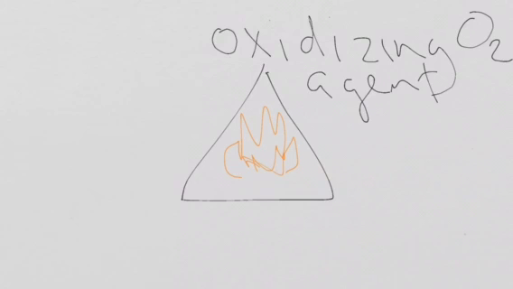How many of you have a fire extinguisher in your kitchen? You should. I have a tiny little guy that I keep in the kitchen, and it's a special fire extinguisher just for kitchens. Because what is the most common type of fire in a kitchen? An oil fire on the stove.